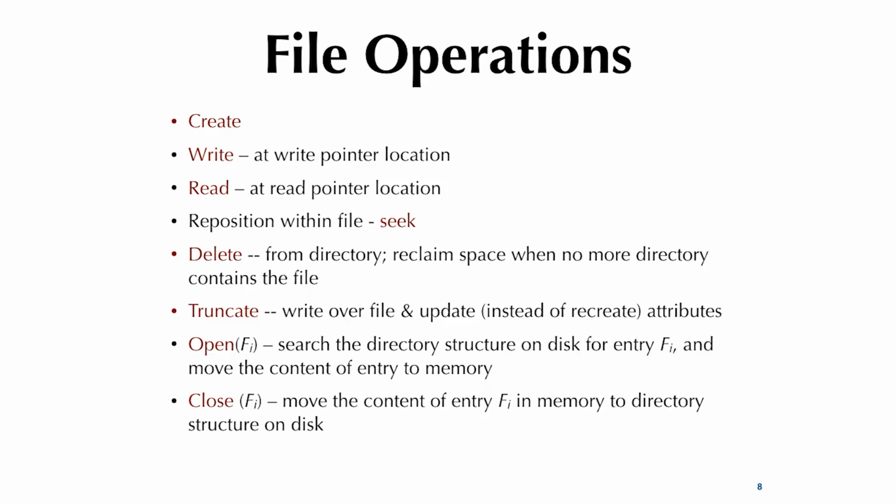Now, truncate would be to take a file that already exists, but then write over it instead of doing a new create, instead of deleting and creating. That way, it's more efficient because the record or all the attribute fields have already been allocated.